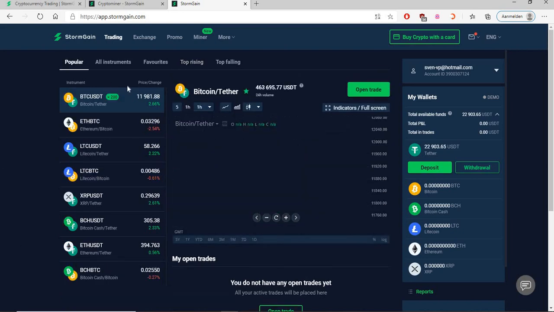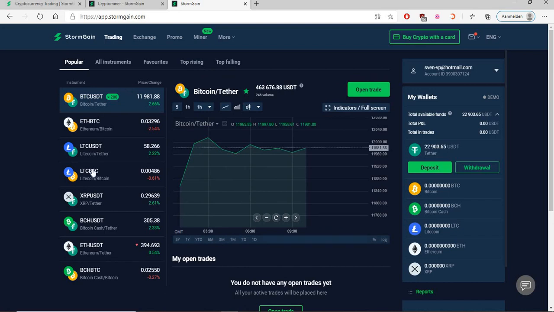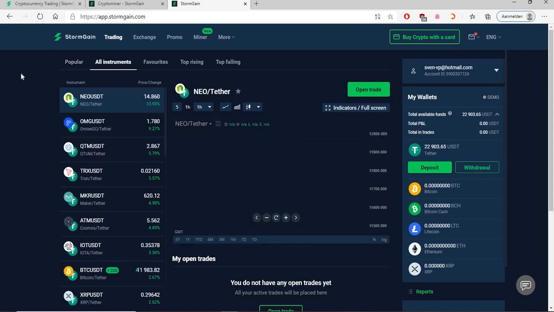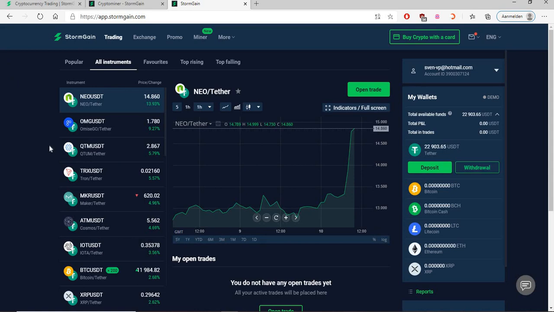If we click on this tab, you can see all the popular pairs, like the Bitcoin US dollar Tether, Ethereum Bitcoin, Litecoin US dollar Tether, Litecoin Bitcoin, Ripple US dollar Tether, Bitcoin Cash US dollar Tether, and so on. When you click on this tab, you are going to find every currency pair that is available to trade with on the StormGain app.